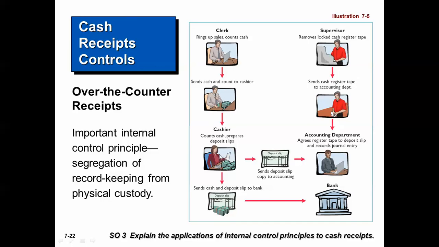The cashier then makes deposits and sends one deposit slip to the accounting department and puts the money in the bank. Now the accounting department records the cash register, and the only person who has access to the cash register tape is the supervisor. The person who is the cashier does not have access to that tape.